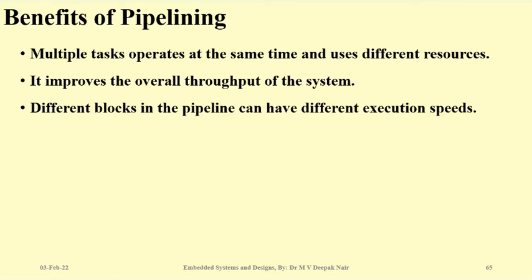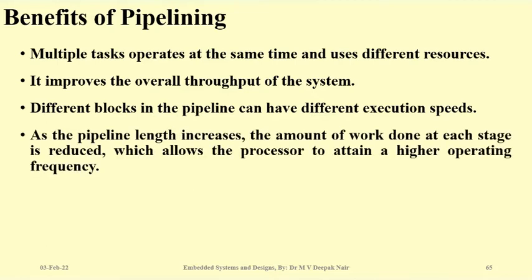Like the question raised before, different blocks in the pipeline can have different execution speeds. Fetching, decoding, and execution may have different speeds. So it depends, it is not always constant.